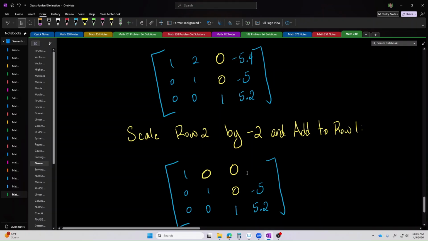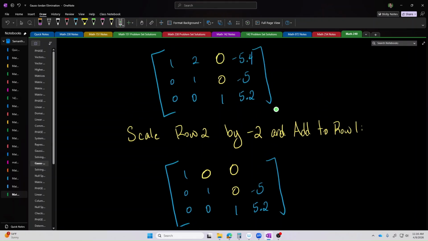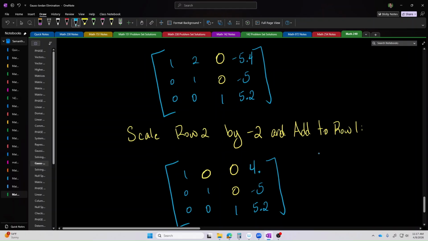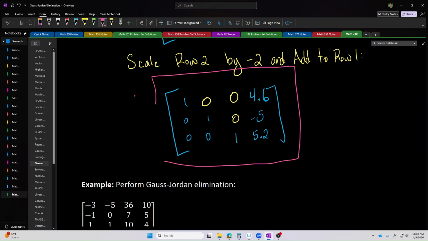And then this outputs column might also be affected by this action. So let's see what happens in the outputs column when I take negative 5, multiply that by negative 2, and add that to negative 5.4: positive 4.6. So now the process is complete, and we can treat this as our final answer.